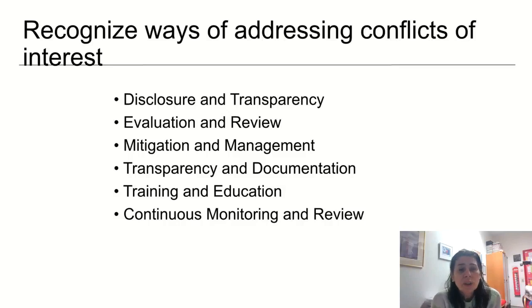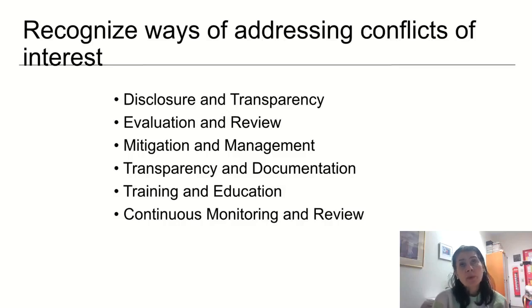You have to have constant evaluation and review, and if such conflicts of interest occur, you need to be prepared to perform mitigation and management of the conflict of interest. You need to be thorough and transparent about them and document all the conflicts of interest.